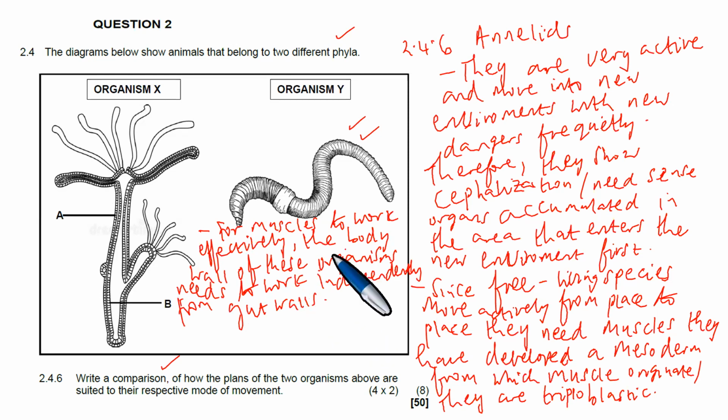So, in other words, for muscles to work effectively, the body wall of these organisms needs to work independently from gut walls.